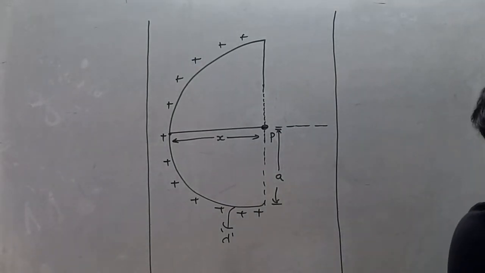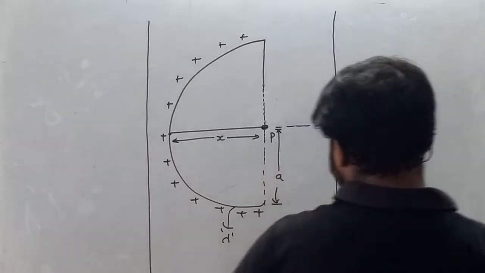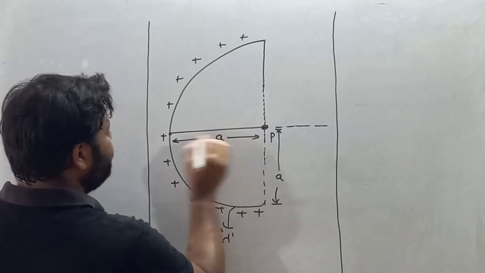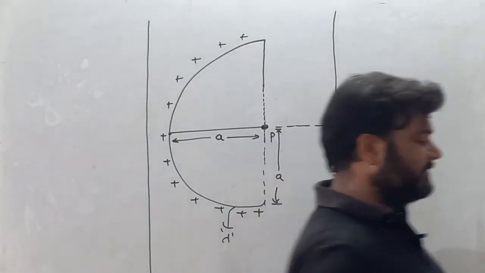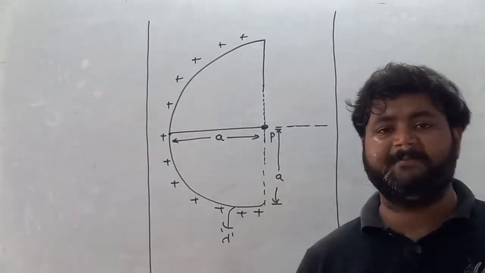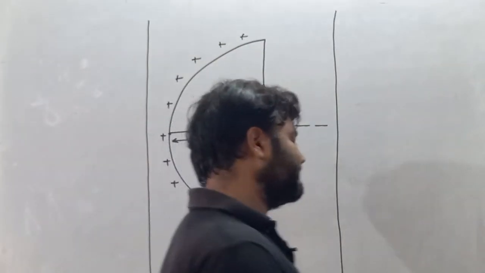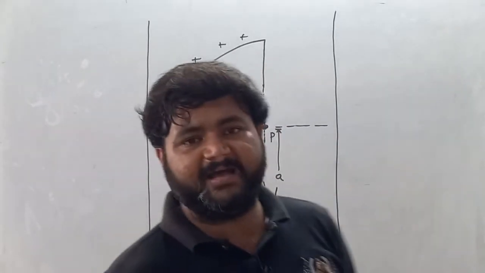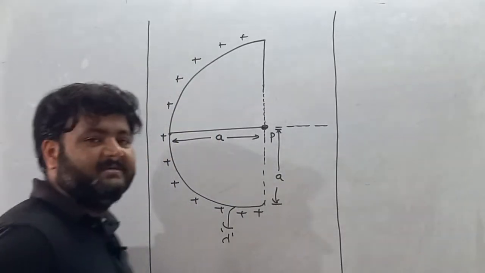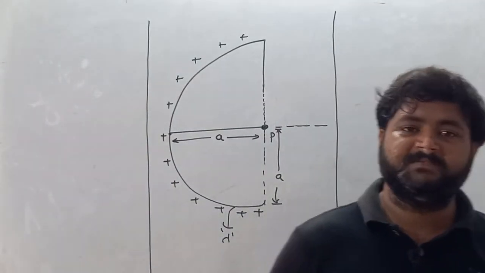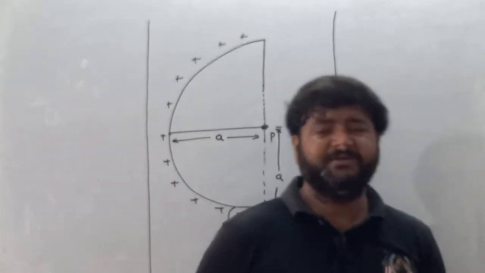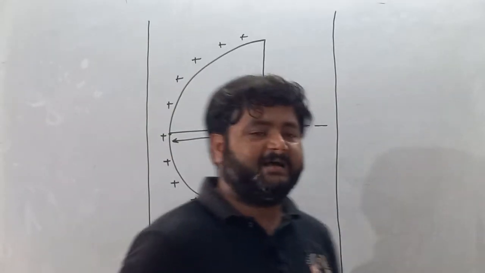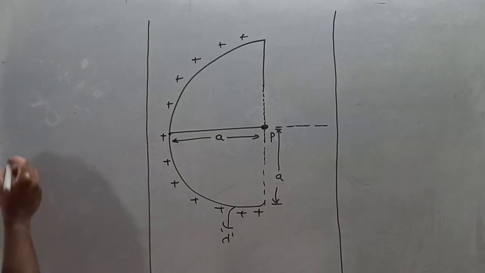So the radius is a, and we wish to find the electric field at point P. Write down: consider a semicircular arc, or we can say ring, having linear charge density lambda.